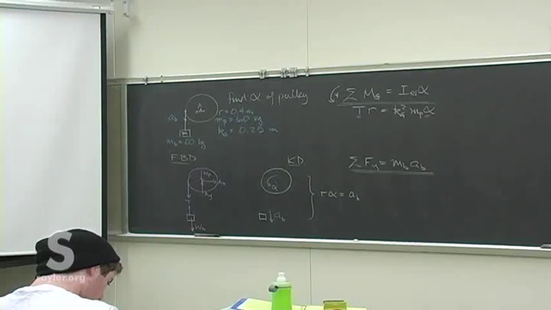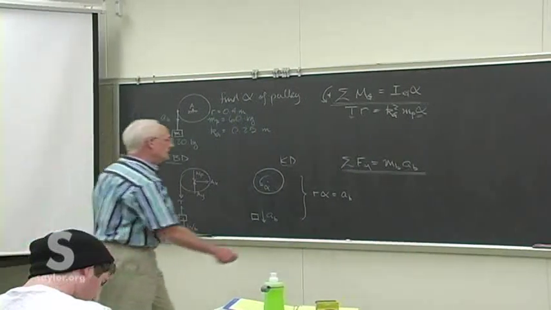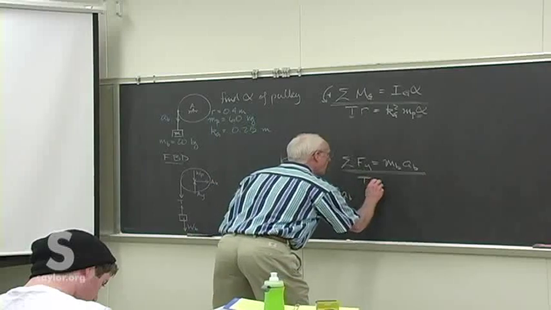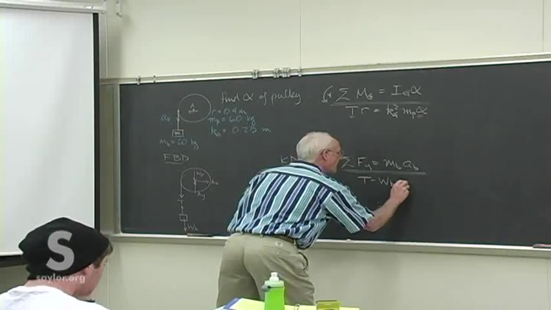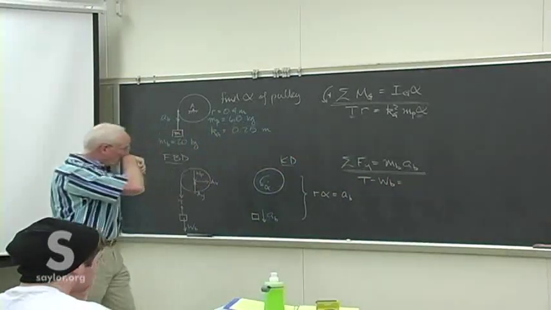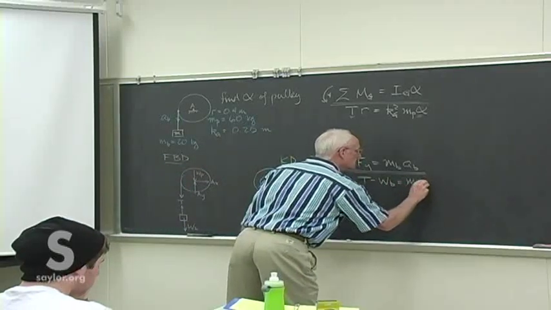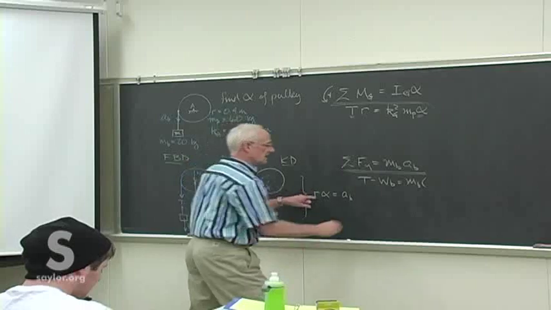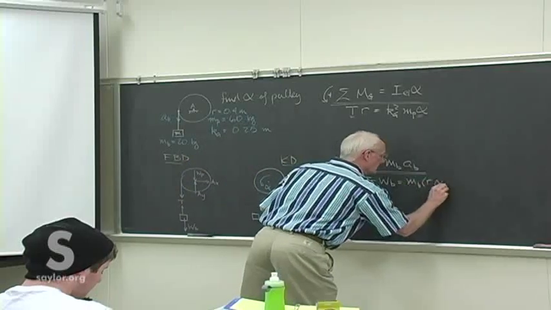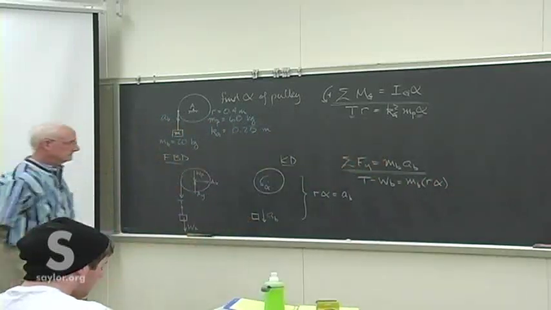And we've got T up, W_B down. That will cause the block to have an acceleration that we know to be related to R alpha.